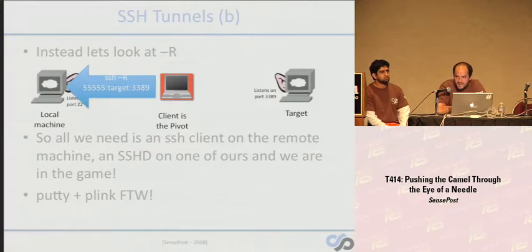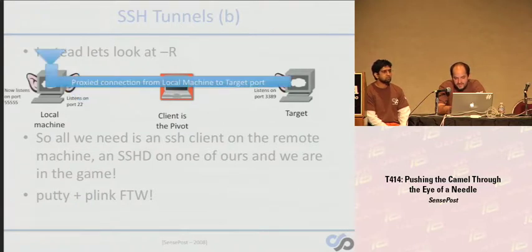The pivot connects outbound to our SSHD. It sets up a remote listener on the attacker's machine, and it creates the socket on the other side to the target, and now the attacker can still connect locally to his machine and have traffic go all the way through. The benefit with this, just to recap that, is you don't need A, an SSHD on your target, and B, you don't need inbound connectivity on port 22.